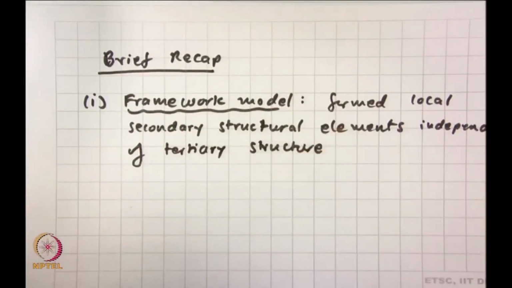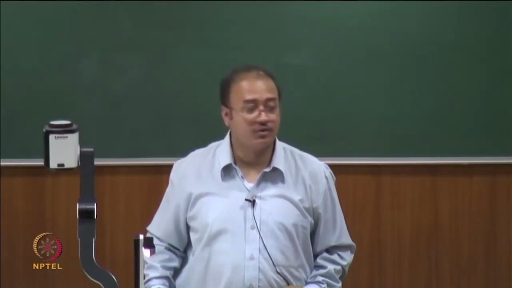So, that means the local elements did not care what your tertiary structure was, they just formed those local elements. Remember, these local elements were referred to as those microdomains, right? I understand that it's a long time ago. So, microdomains, if you would remember.